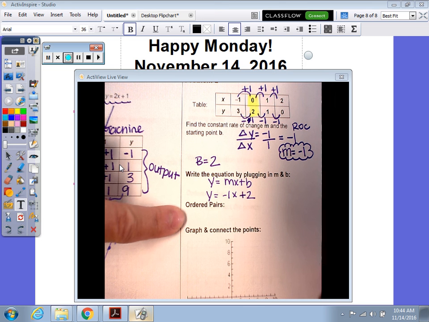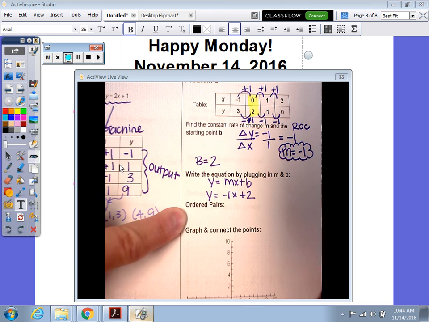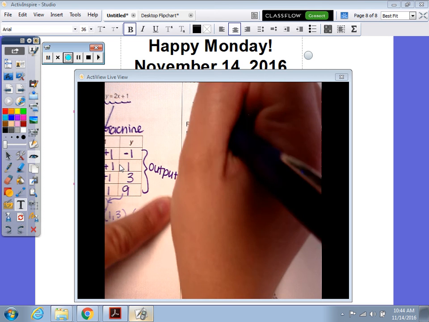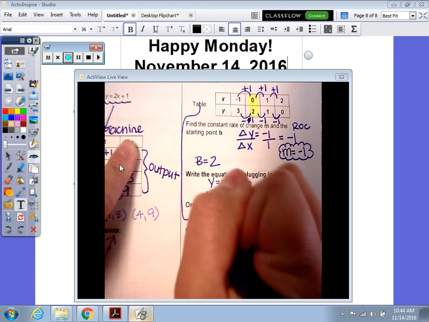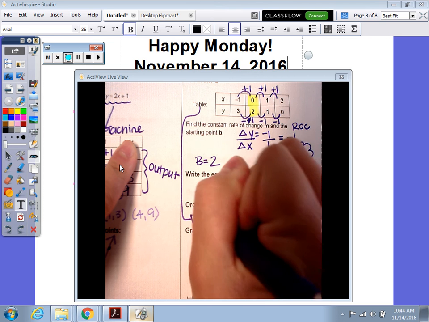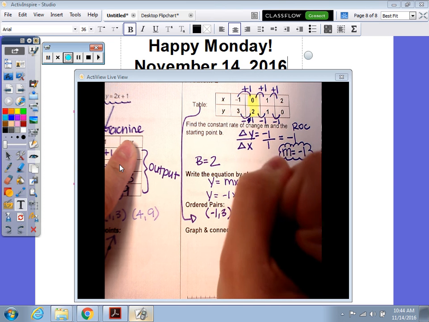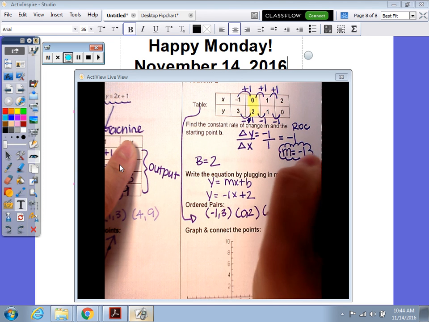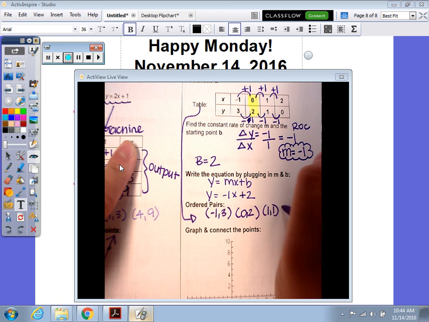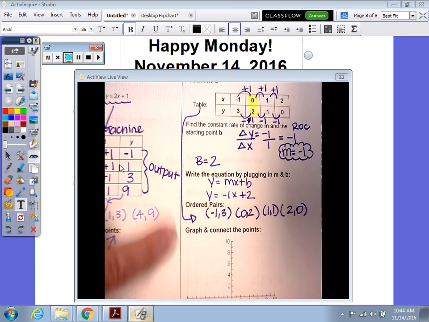And what we want to do is rewrite our table as ordered pairs. So we have -1, 3, 0, 2, 1, 1, 2, 0. We're going to graph those points.